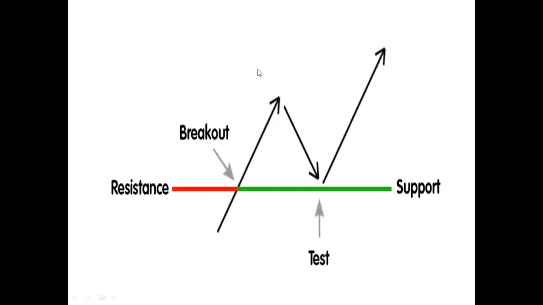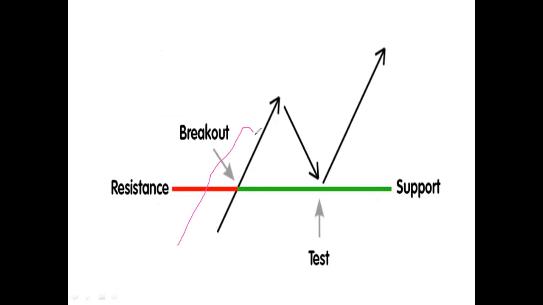Now, there's also another important thing you need to take note of. Whenever a resistance is broken, that resistance is no more called a resistance. It is now known as support. The red portion you are seeing here is the resistance level. So price comes and breaks through that resistance level. Now that resistance level is no more resistance.